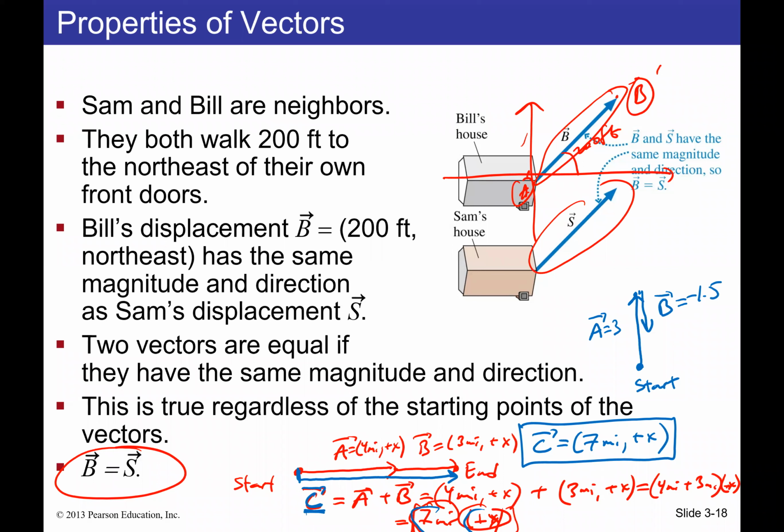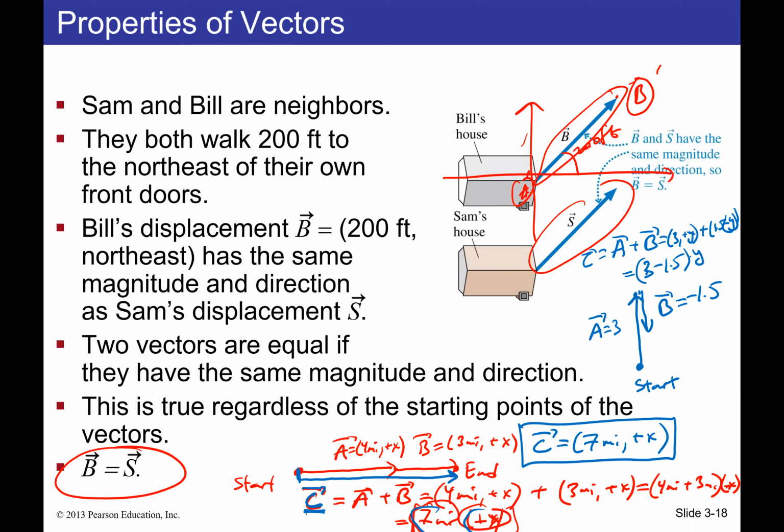That means A and B are two vertical vectors. So the vector sum A plus B equals vector C. This is 3 in a positive y direction, plus 1.5 in a negative y direction. The negative goes in front, so it becomes 3 minus 1.5, and both have a vertical direction.